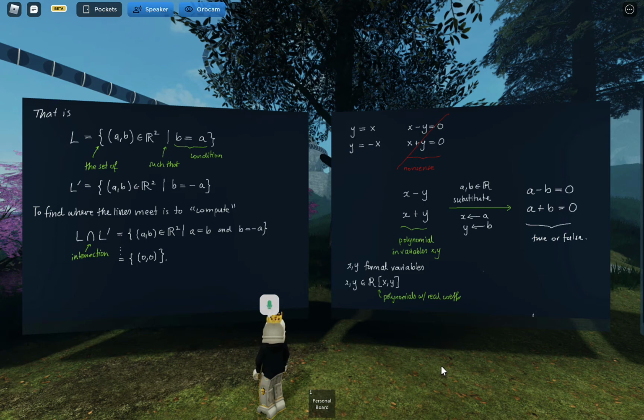So the question of where do the lines L and L prime meet is now the question of which substitutions of a for x and b for y. For the remainder, well, actually it'll be more general in a second, but for now f1 is going to be x minus y and f2 is x plus y, these polynomials.